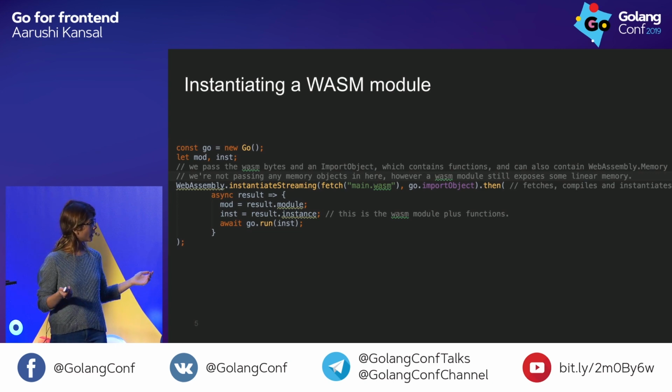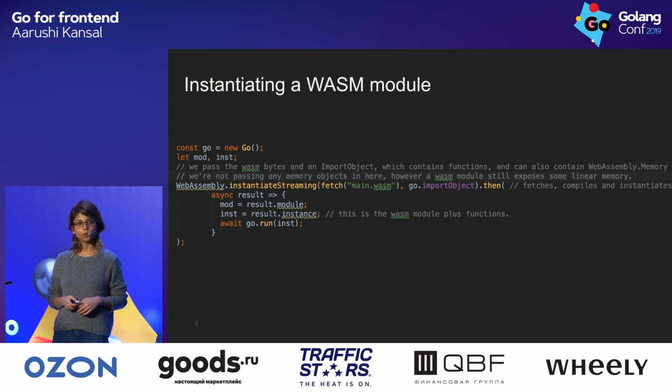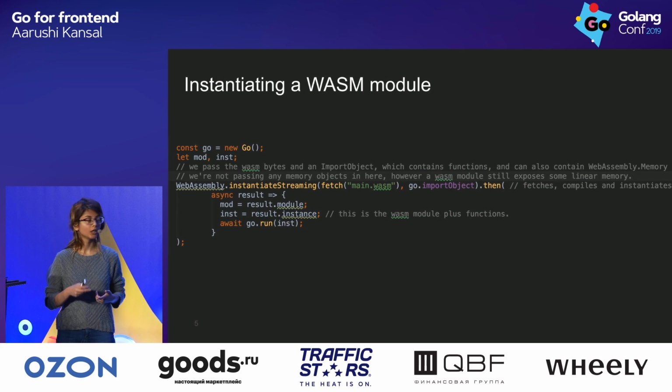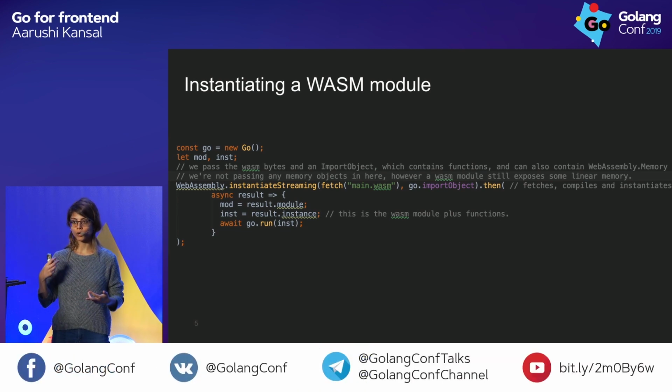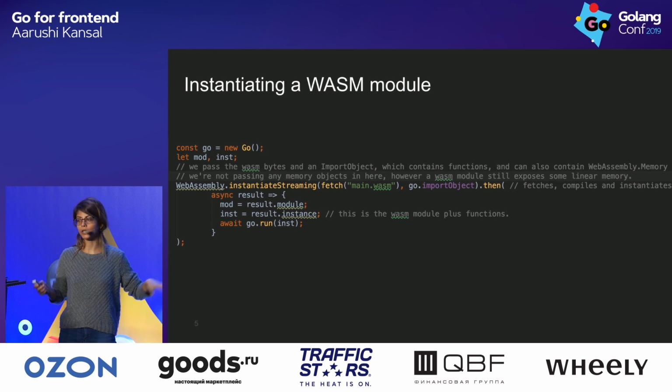And then lastly, the important bit here is your result.instance, which is your actual instance of your WASM module. So this contains the module plus some functions that you can import and export, both from JavaScript and a server-side language, as well as exposing linear memory. You can also create memory objects, which in this case we're not doing because we don't need it at the moment.